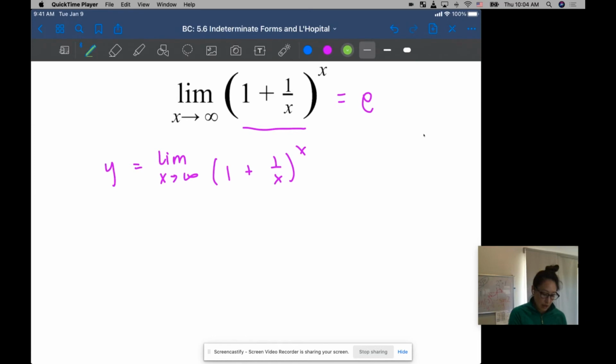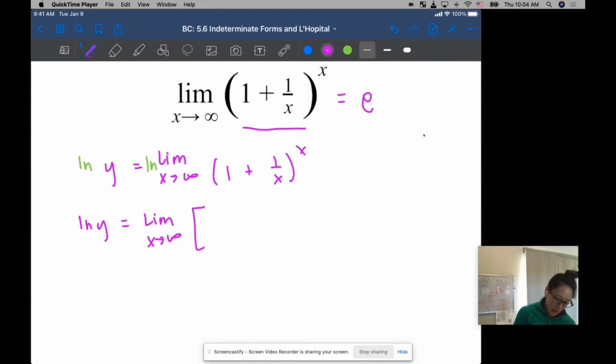And then we're going to take the ln of both sides so that I can get the x out of the denominator. Okay, so what I know is that the ln of the limit and the limit of the ln are the same. So I am going to write this as the ln of y is equal to the limit as x goes to infinity of the ln of (1 plus 1 over x) to the x.